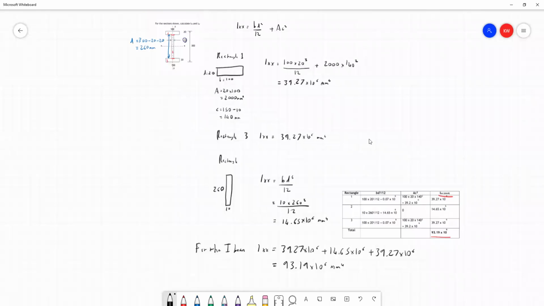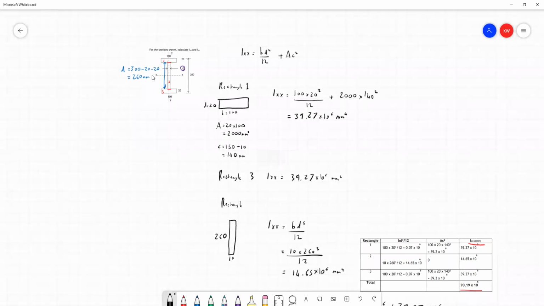But of course, the example also goes on to get us to look at the second moment of area about the y-axis, and so I'll do that as well. I'll copy our diagram across.